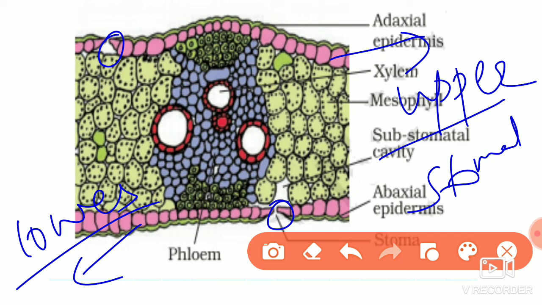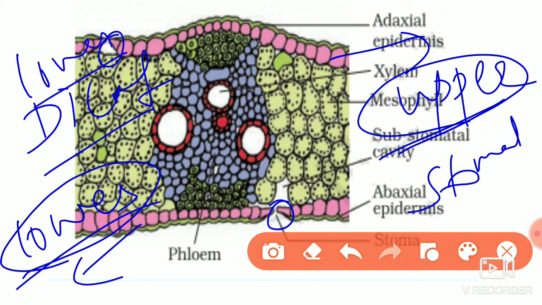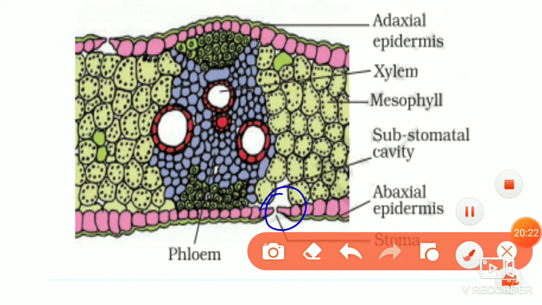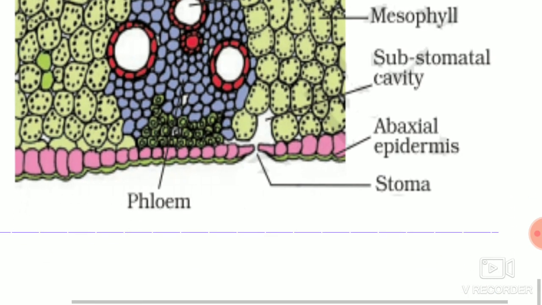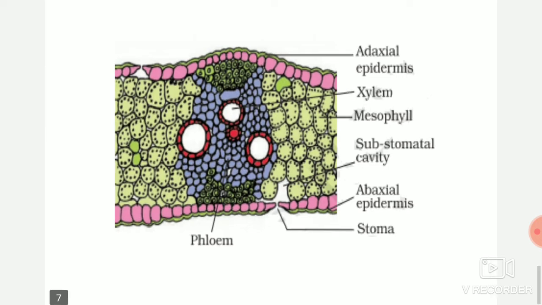Both are the same: the upper epidermis and lower epidermis have almost equal stomata. But in the dicot leaf, the upper epidermis has fewer and the lower epidermis has more stomata. But in the case of the monocot leaf, the stomata present will be the same in the upper epidermis and lower epidermis.